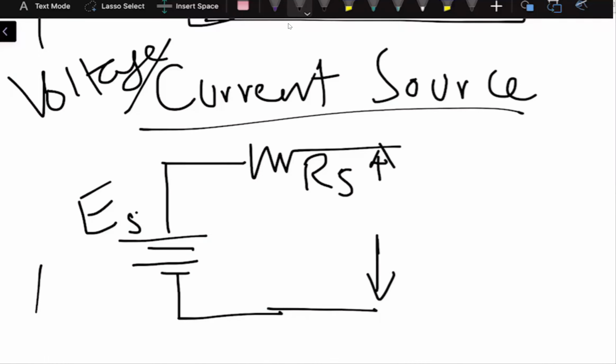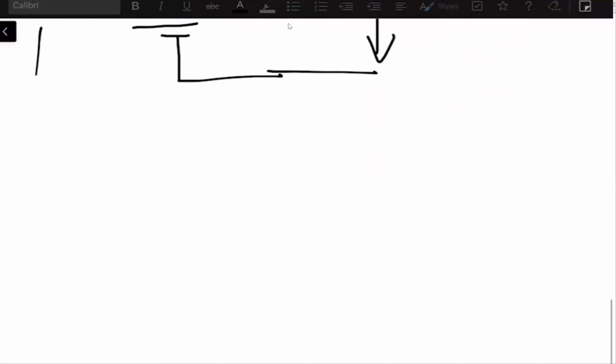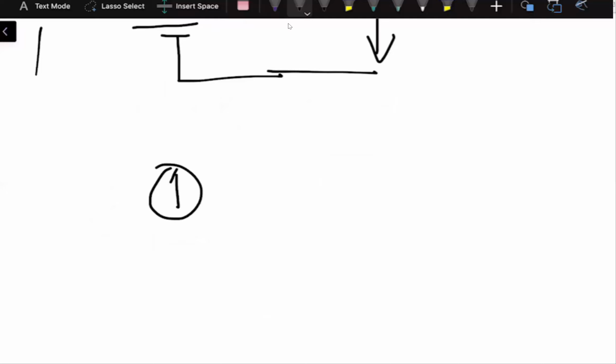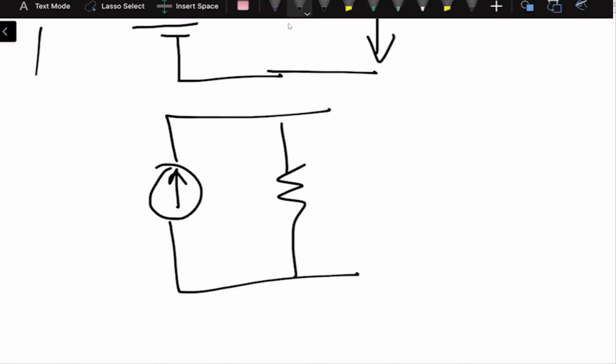Similarly, when we go with the current source, it is normally represented as a circle with an arrow inside it, and then a resistance is connected in parallel to the current source. So this is basically the practical current source.